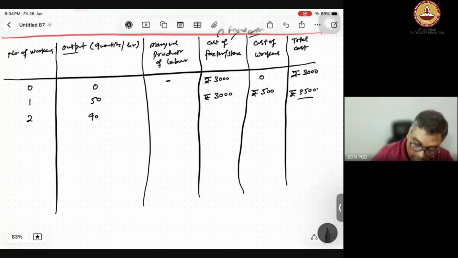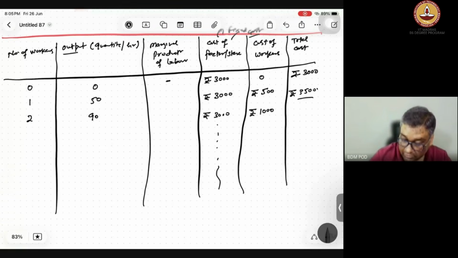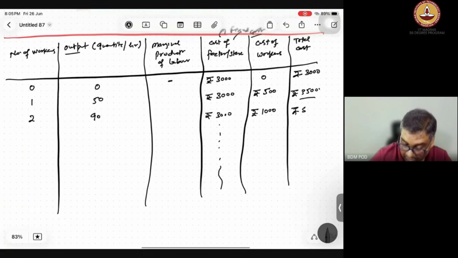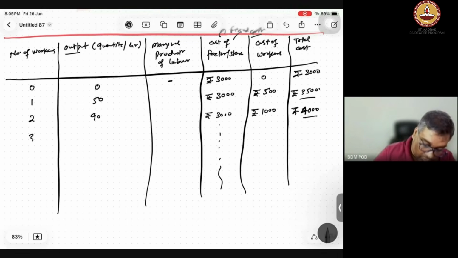This is constant 3,000. This is changing to 1,000 rupees. Now my total cost is 4,000 rupees. Similarly, I will go to 3, 4, 5, up to 6 workers and see how things are changing.